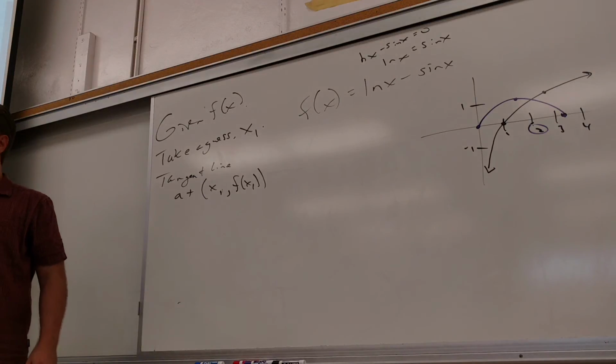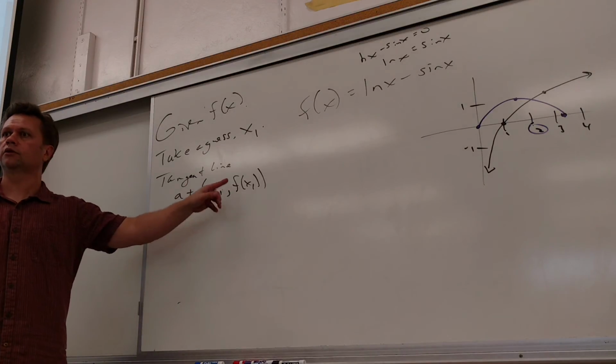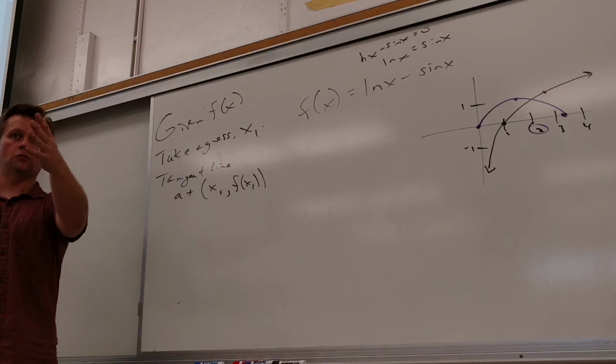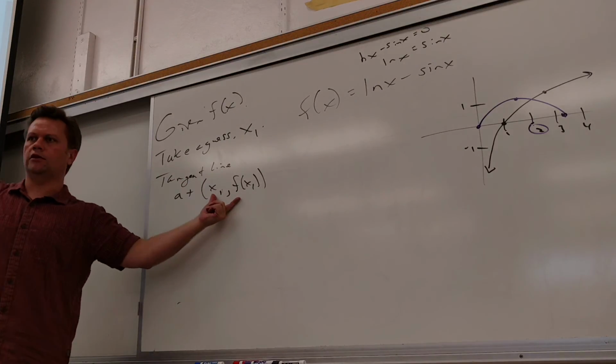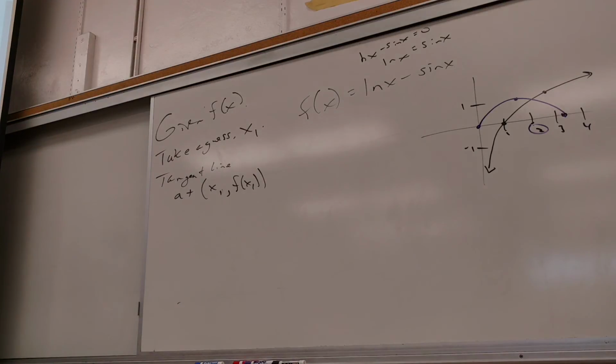To get the equation of the tangent line, I need a point that it goes through and the slope. Yes, semi with me? So where's this on the picture? Here's my first guess. That is the point I'm talking about right now: x1 comma f of x1. That's the point I created the tangent line through.